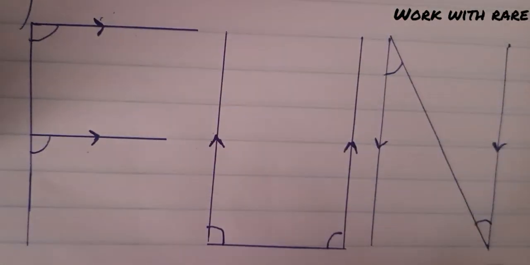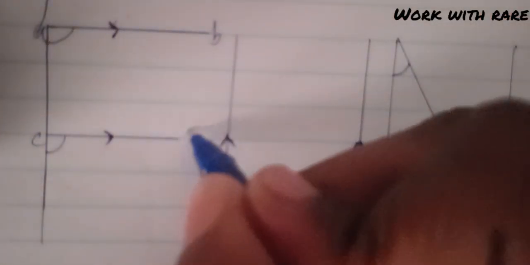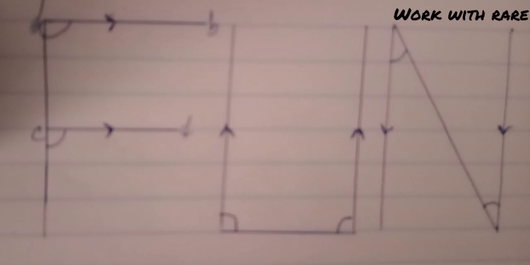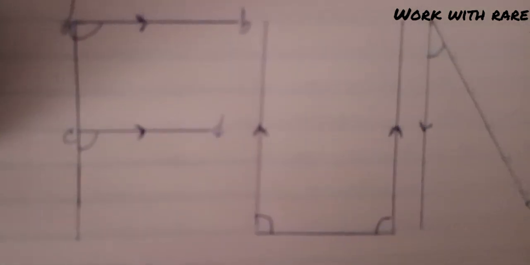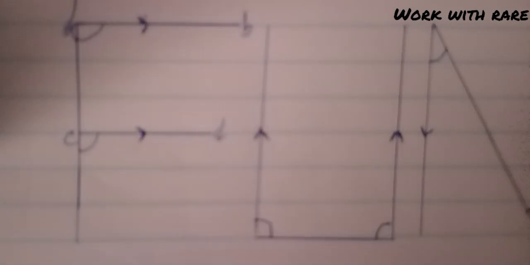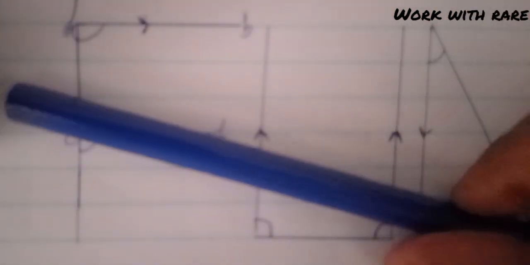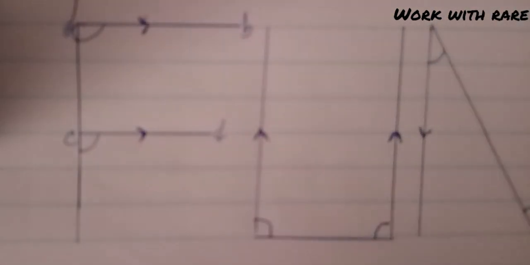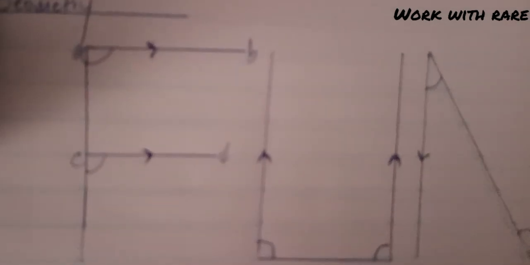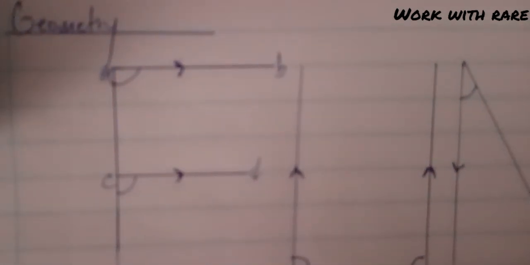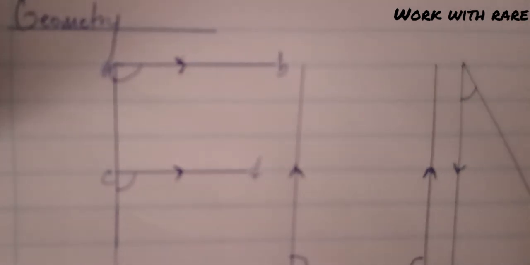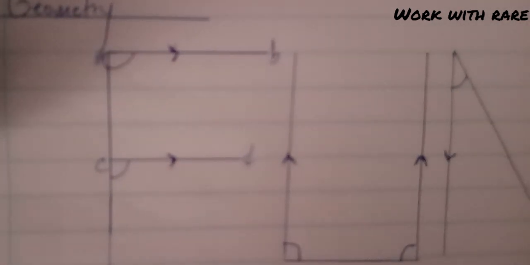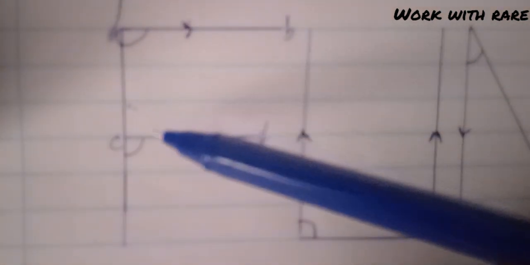So let's say here we have A, here we have B, here we have C, here we have D. Okay, this is corresponding.